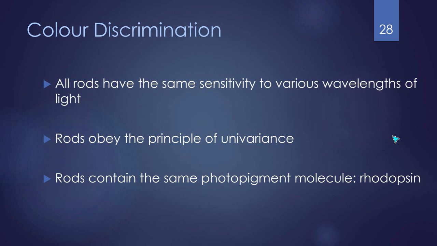All rods contain that same photopigment molecule rhodopsin, so they all have the same sensitivity to wavelengths. As a result, although it is possible to tell light from dark under dimly lit conditions, the problem of univariance makes it impossible to discriminate colors.